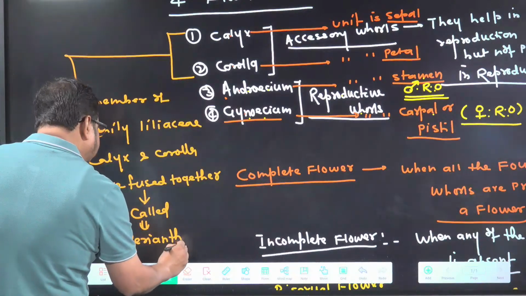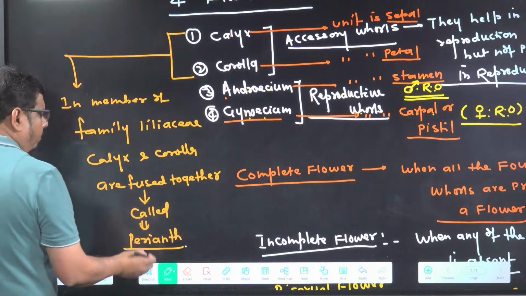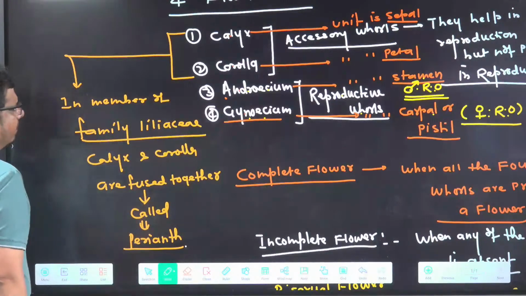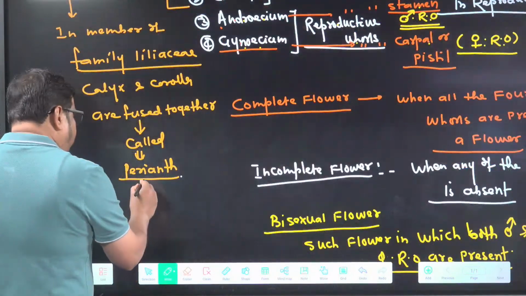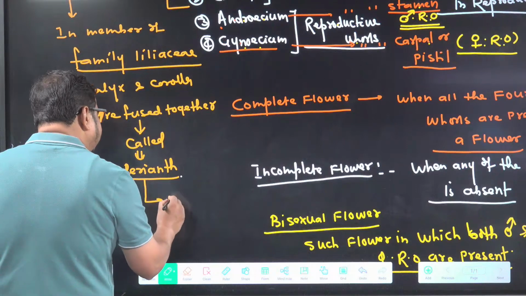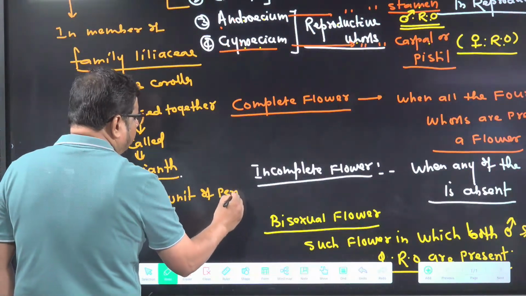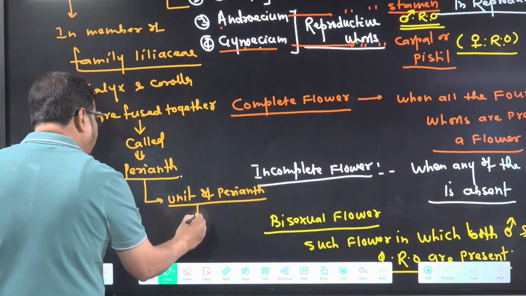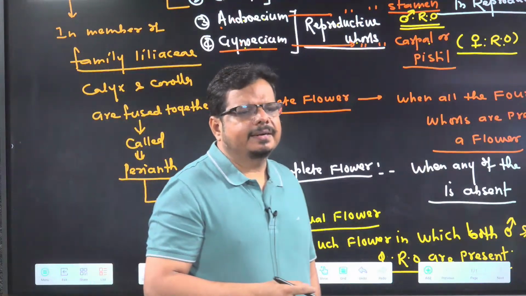So perianth is the fused calyx and corolla, and it is an important character of members of family Liliaceae. And do you know the unit of perianth? I am looking toward your screen, either you are giving a correct answer or not.